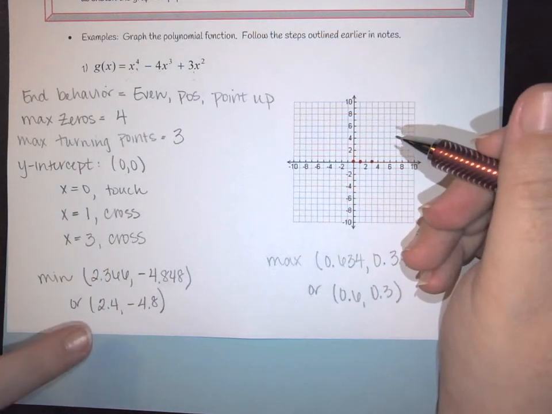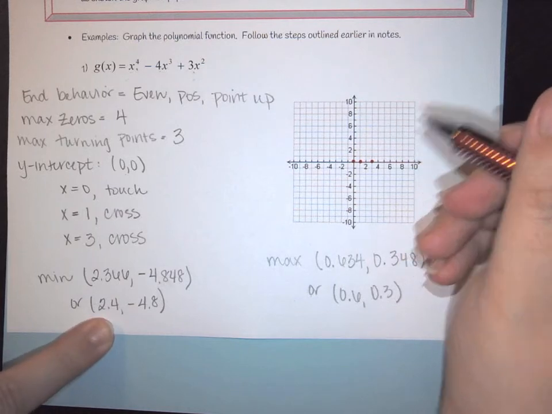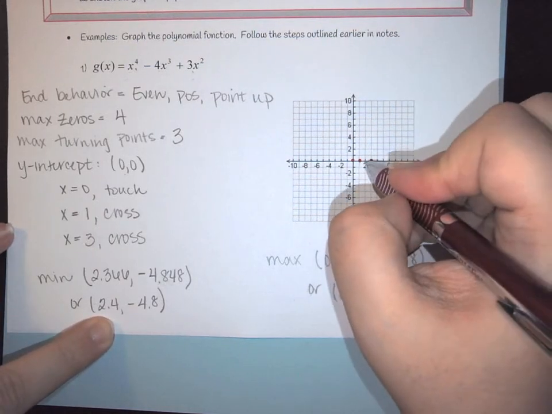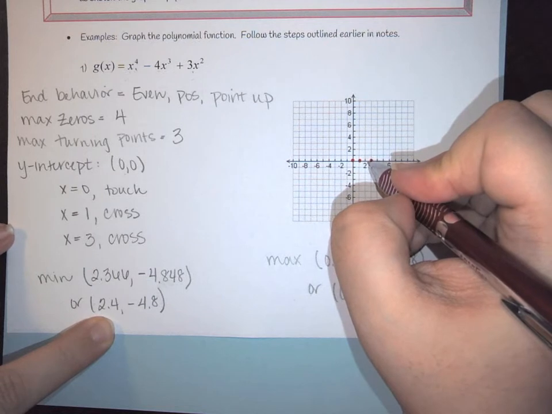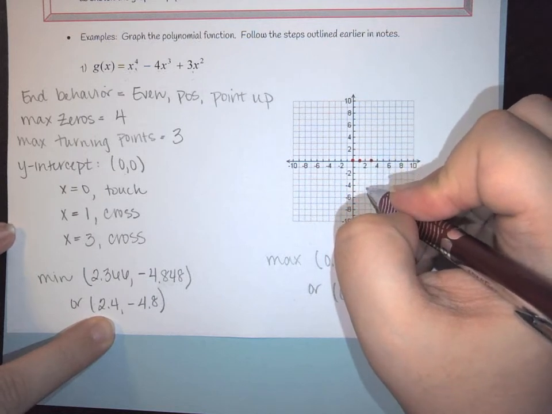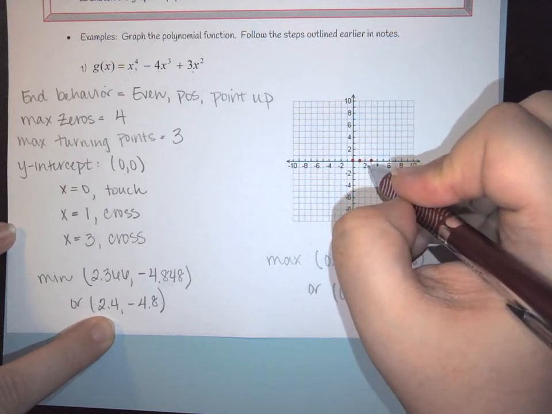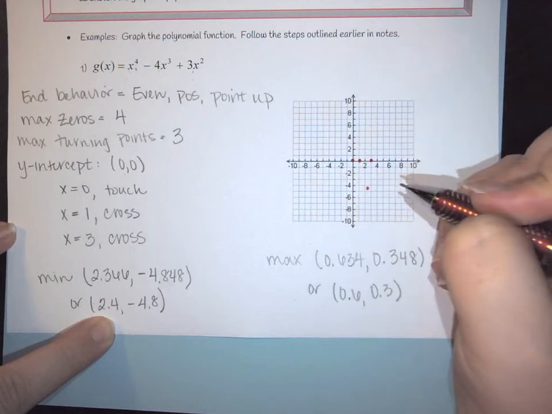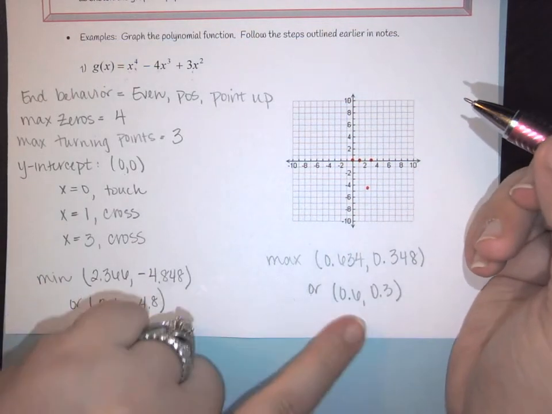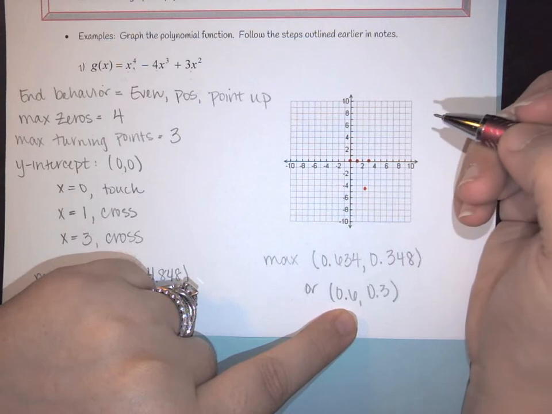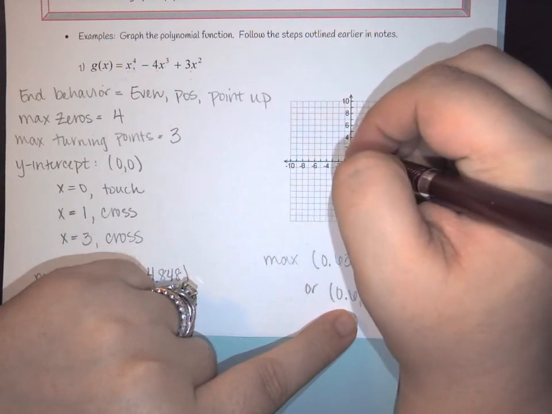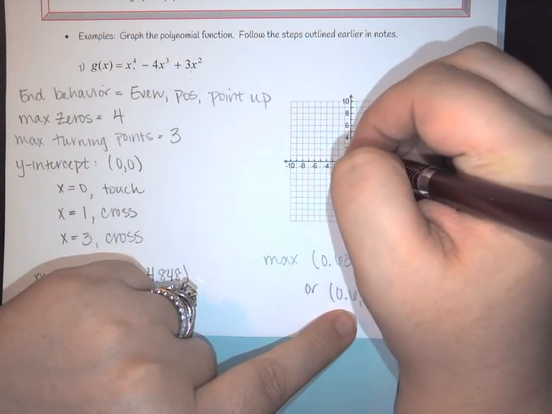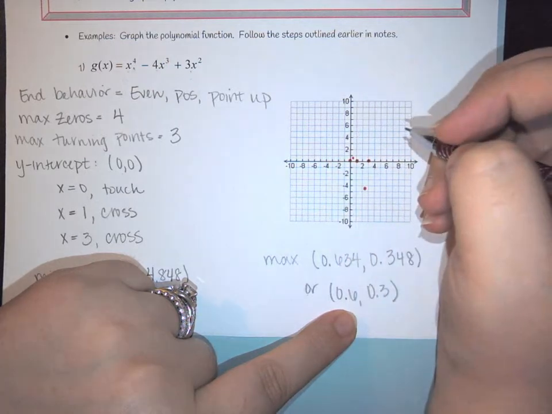Furthermore, we know that we have a minimum at the point 2.4, so a little over 2.5, and all the way down at negative 4.8, so 1, 2, 3, 4, almost to 5. And we know that we have a maximum at 0.6 and 0.3, so kind of right about in here.